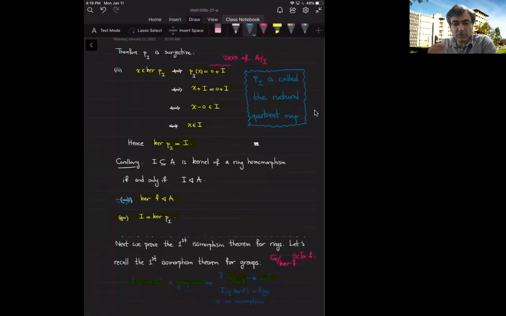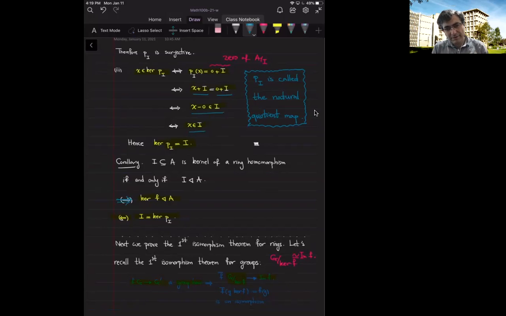So this means x belongs to the kernel if and only if x plus I is the same as 0 plus I. But from group theory, we know two cosets are equal if and only if the difference between the coset representatives belongs to the subgroup. So x plus I is equal to 0 plus I if and only if x minus 0 belongs to I. And that means x is inside I. So we realize that x is in the kernel of P sub I if and only if it is inside I, which means the kernel of the natural quotient map is I.